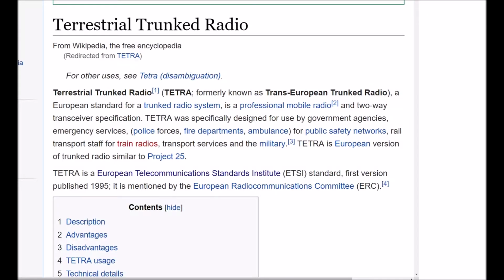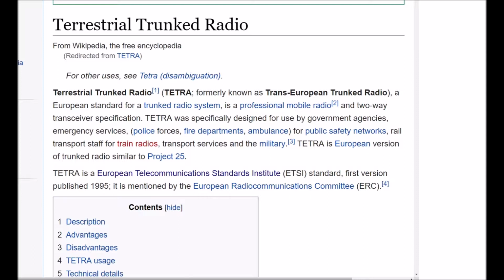TETRA uses time division multiple access with 4 user channels on one radio carrier and 25 kHz spacing between carriers. Both point-to-point and point-to-multipoint transfers can be used. Digital data transmission is also included in the standard, though at a low data rate.